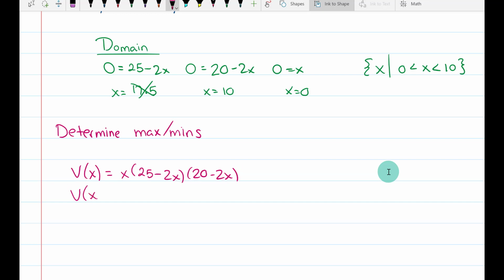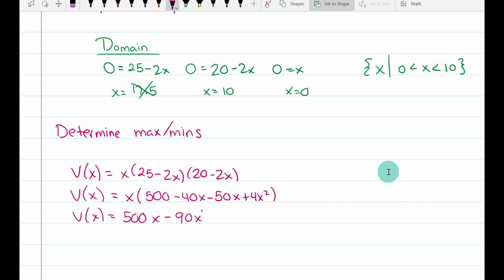I'm going to choose instead to just distribute. And you get 500 minus 40x minus 50x plus 4x squared. So the volume is equal to 500x minus 90x squared plus 4x cubed.